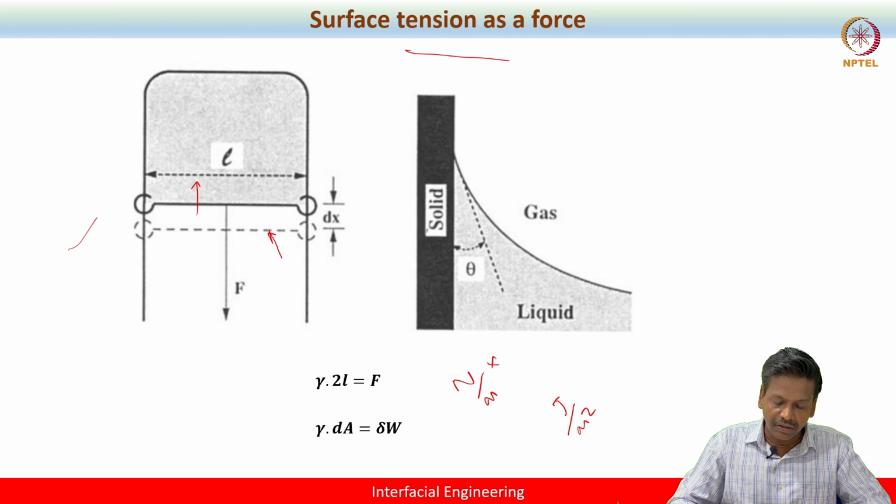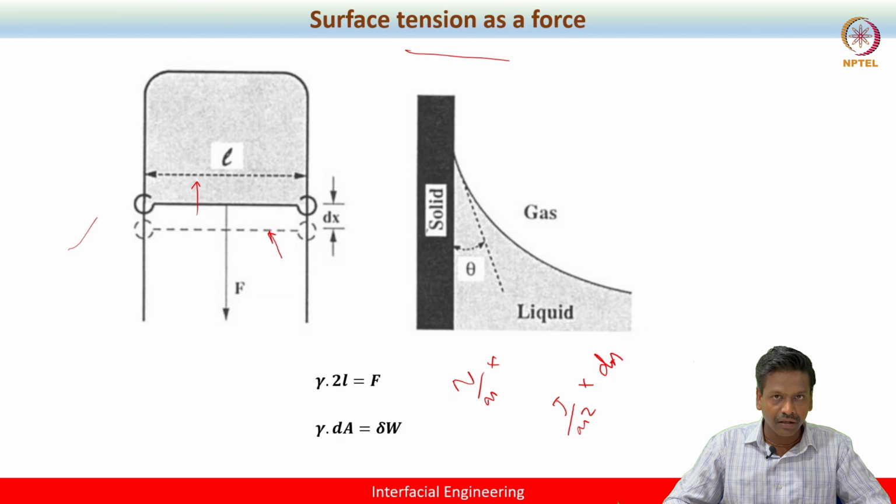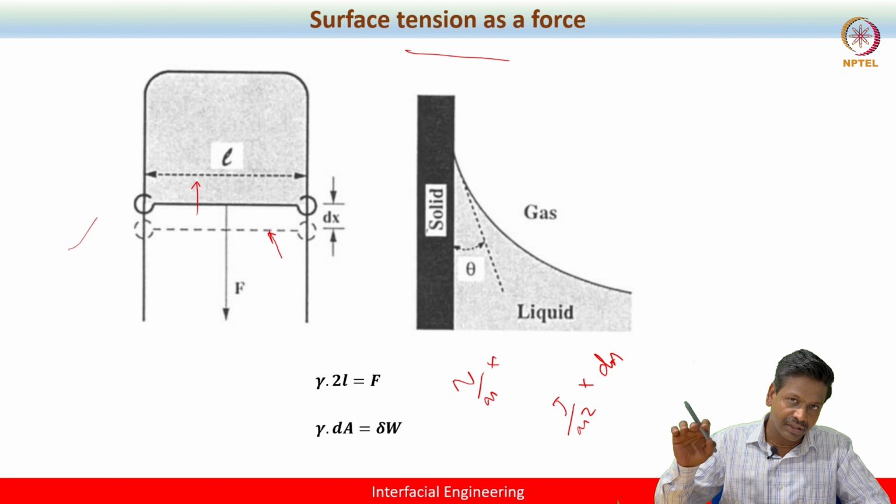When we express surface tension as surface energy, which is in joule per meter square, you can multiply that with the change in area, the surface tension which is acting along the entire line of action, wherever this surface tension is applicable.